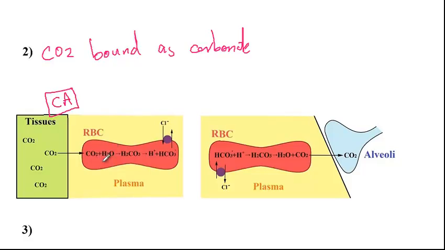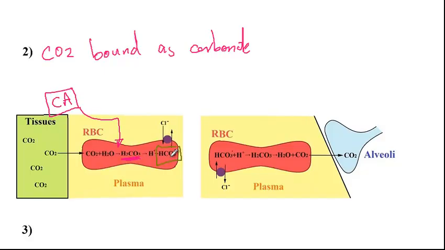So water and CO2 are being combined with the carbonic anhydrase in order to form carbonic acid, or H2CO3. And then H2CO3 will dissociate to form bicarbonate. So here we have bicarbonate, or HCO3 negative, as well as the hydrogen ion, or H+.